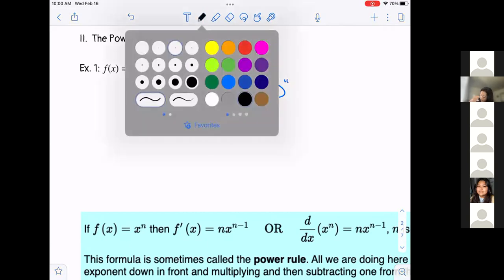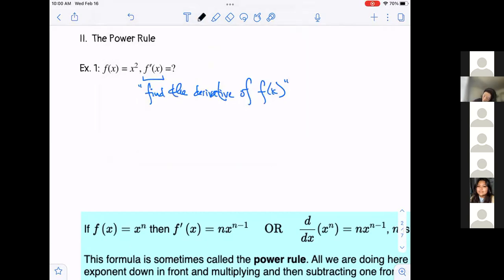All right, so f prime of x. The power rule we use when we see a number in the power. We see a 2, okay? We're going to take that power, bring it down to the front.